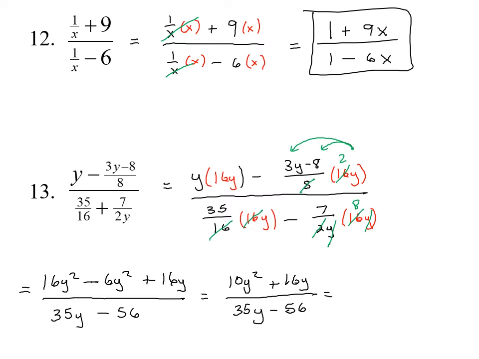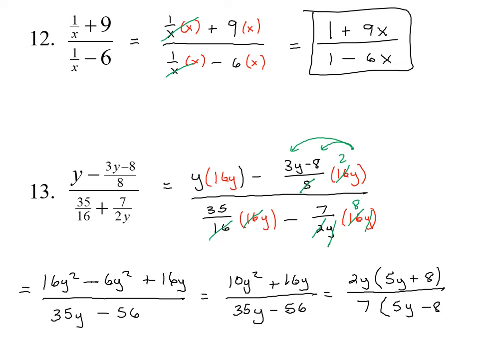So if I were to simplify this, there's a y in common on top. There's also a 2 in common. So if I factor out the 2y in common, I'm left with 5y plus 8. On the bottom, there's a 7 in common. If I pull out the 7 in common, I'm left with 5y.